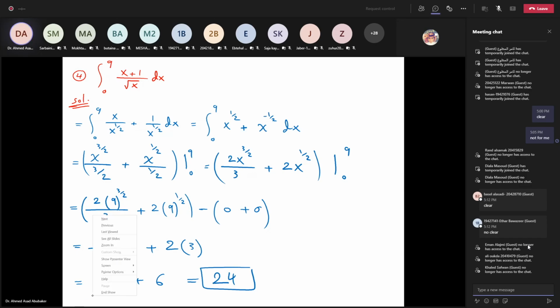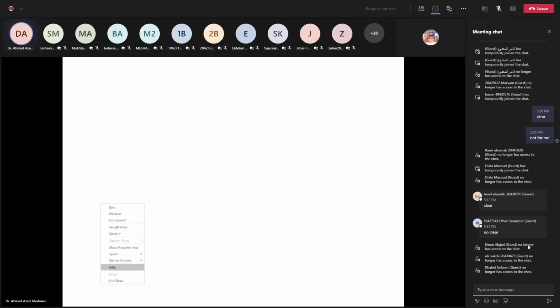Number 5. The integral from e to e² of 3 over x dx.